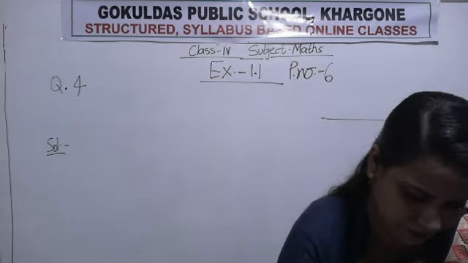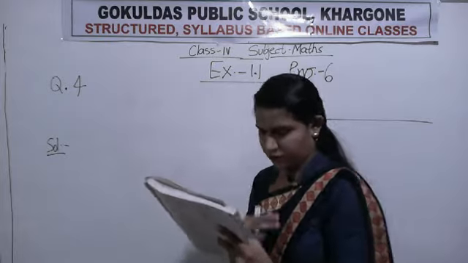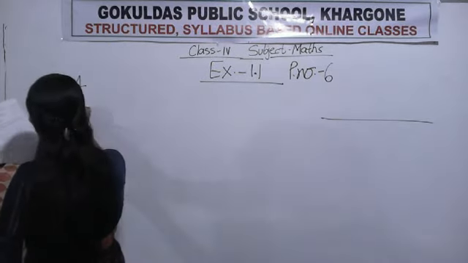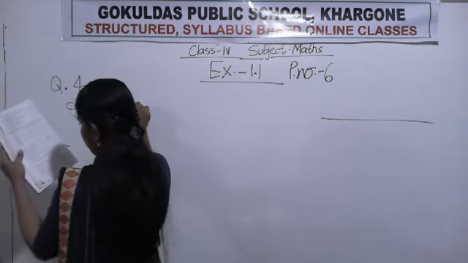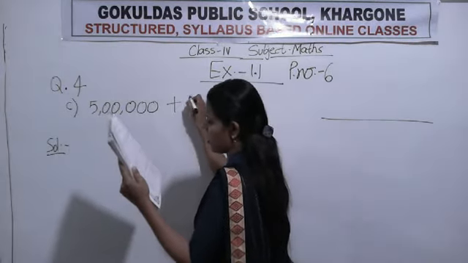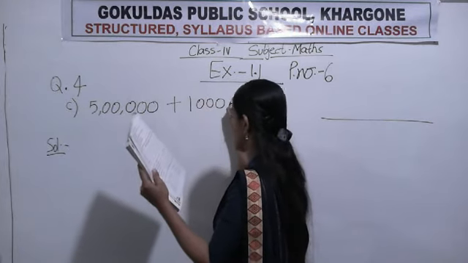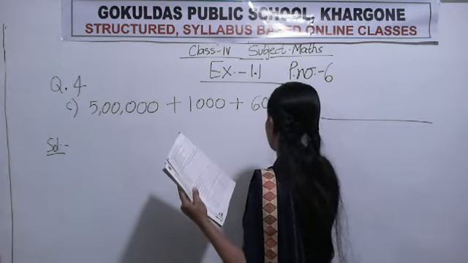Next question is C: 5 followed by 5 zeros plus 1 followed by 3 zeros plus 6 followed by 1 zero plus 3.